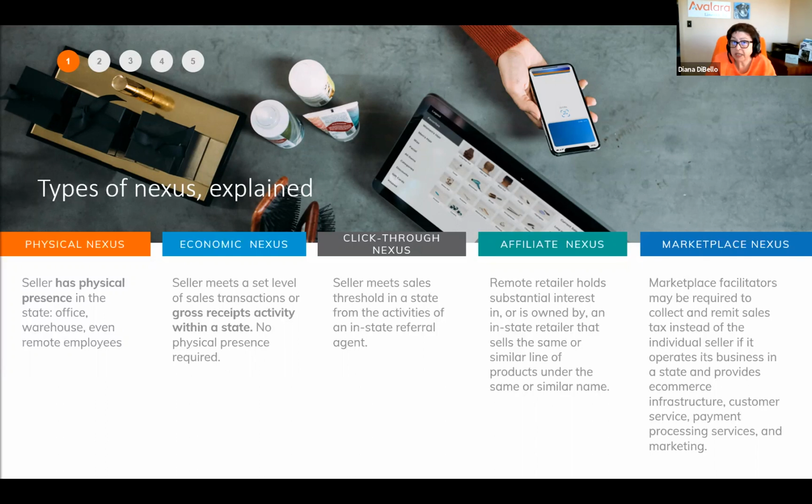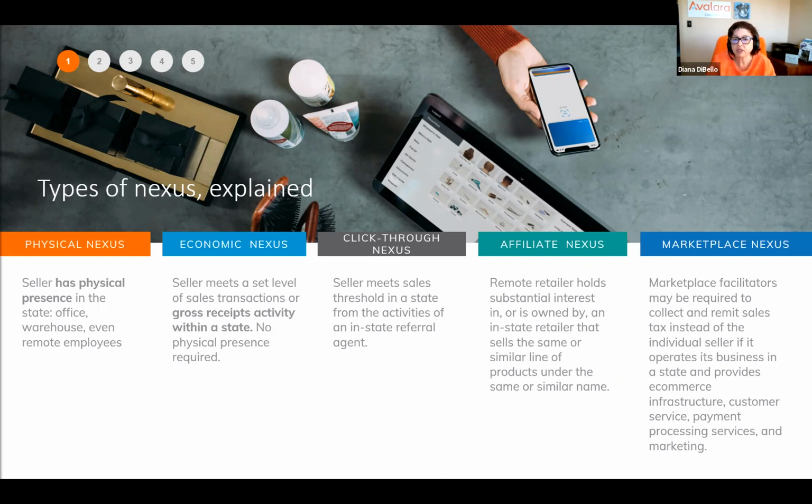And then there's marketplace nexus. So this has been around. It started, I believe, in 2009. It was originally started in New York. They called it the Amazon laws. So it's trying to go after the marketplace facilitator to be the collector of that sales tax so that the smaller online retailers who are using those marketplaces aren't liable to comply with all the different laws.